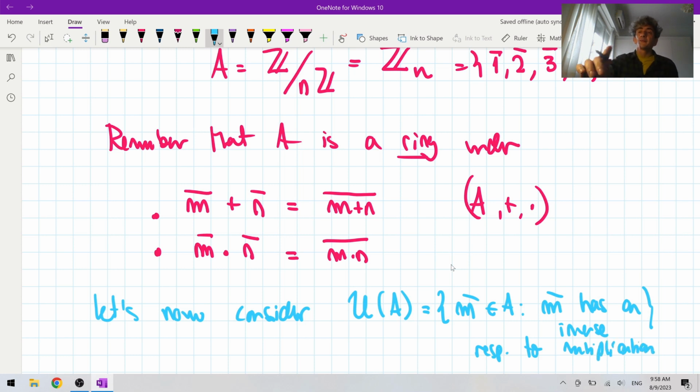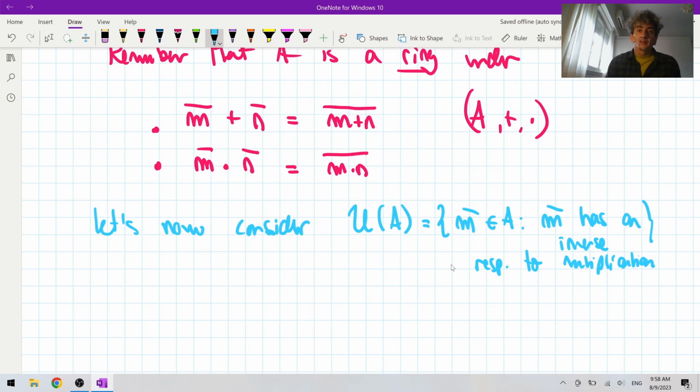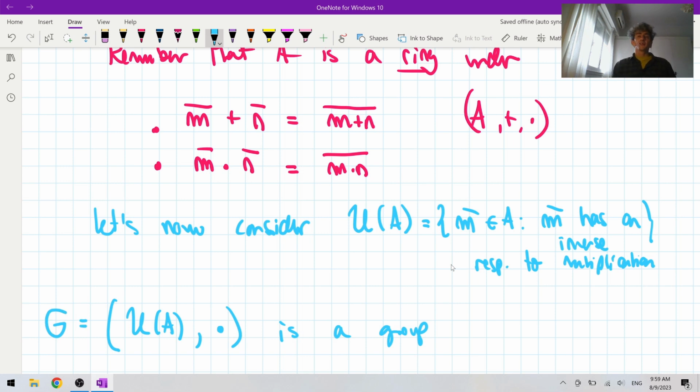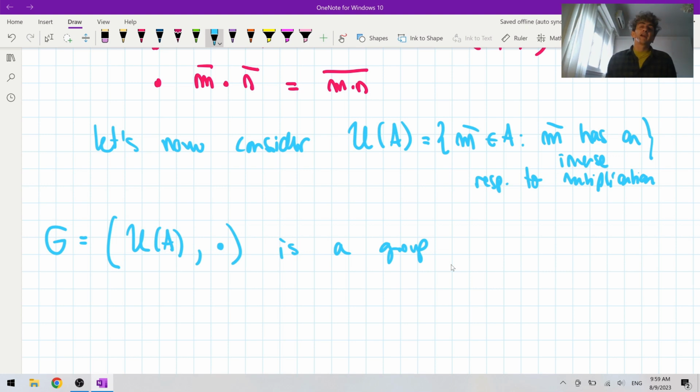Okay, so this subset together with multiplication is a group. We'll call it G. So the units with class multiplication is actually a group, and we can do stuff with this G as we did in the previous section of the class.